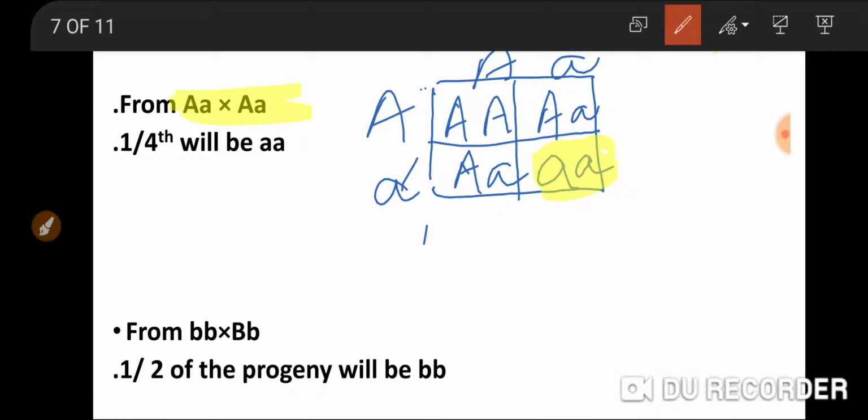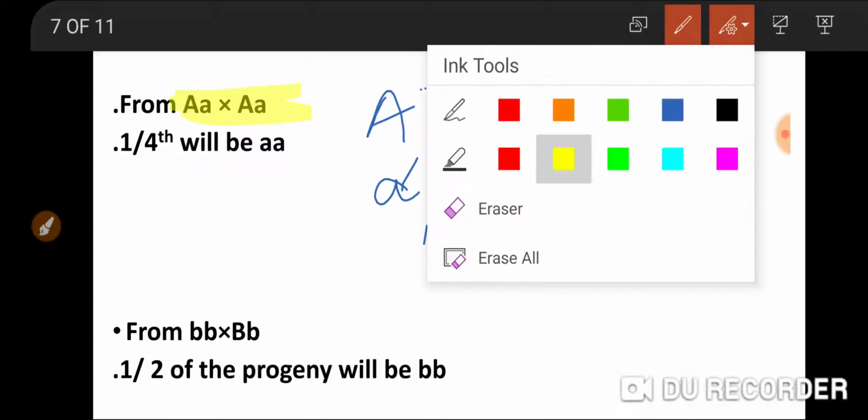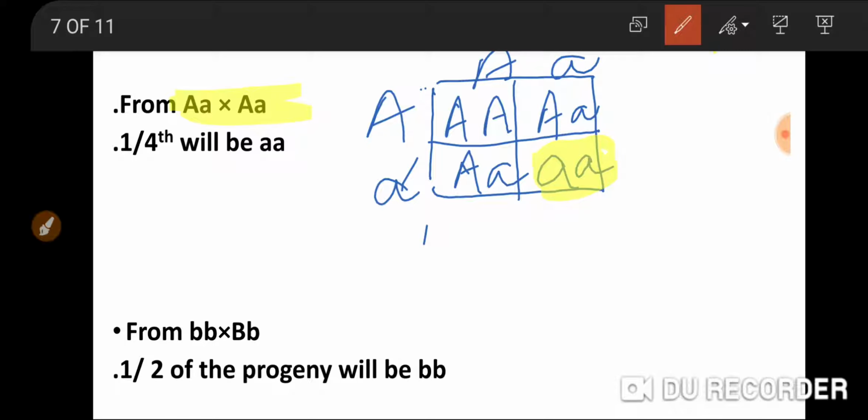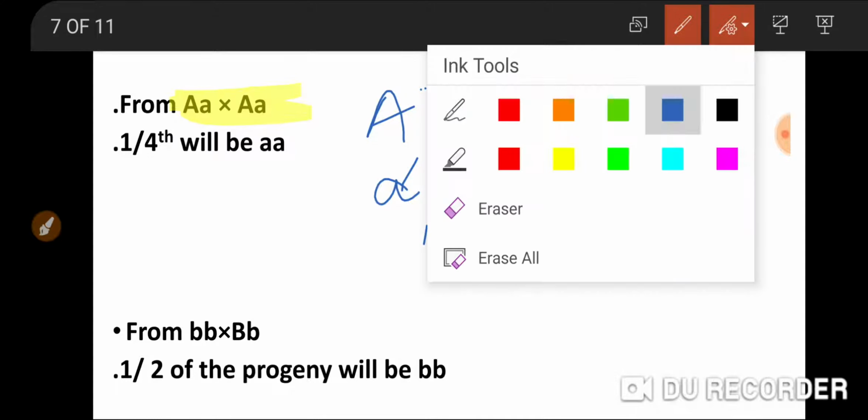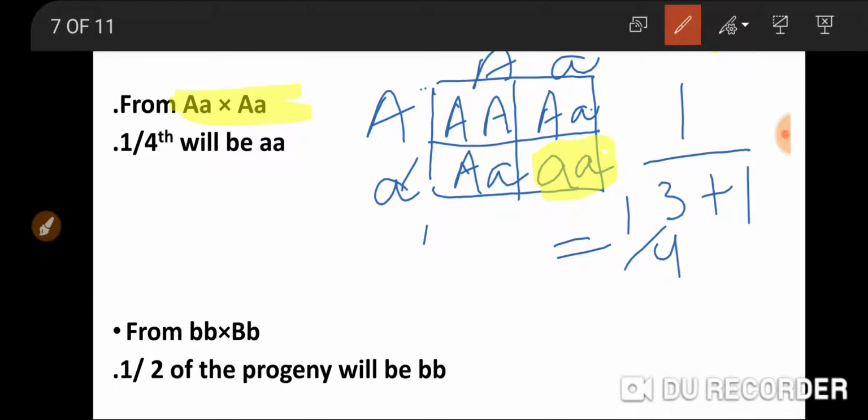How many offspring have the genotype small a small a from this cross? 1, and the total number of offspring is 1 plus 3, which is 4. So the probability is 1/4, that is, from the cross between the first gene pair, 1/4 of the progeny will have the genotype small a small a.